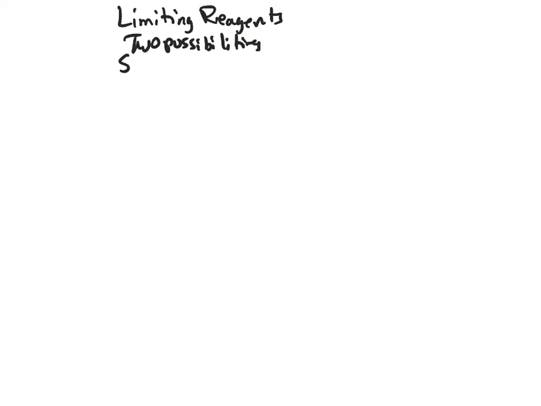In this video, we're going to talk about limiting reagents. In a chemical reaction that goes to completion, for the reactants we have two possibilities. One is that we have stoichiometric amounts of our reactants.